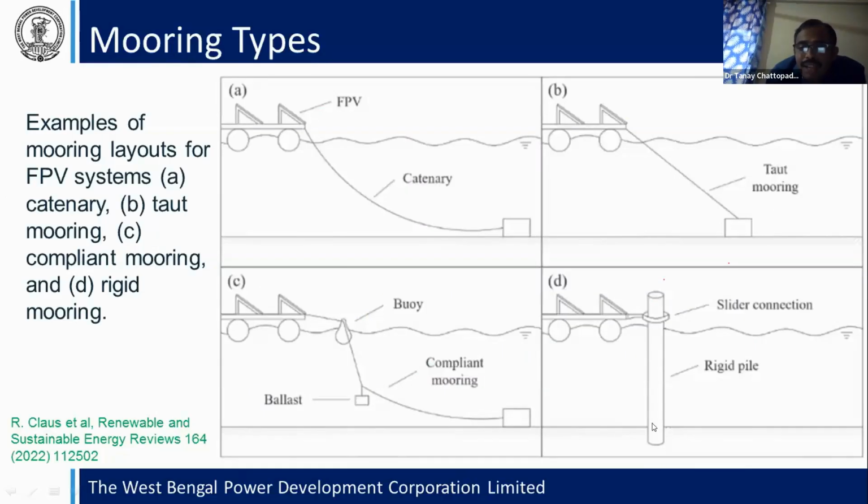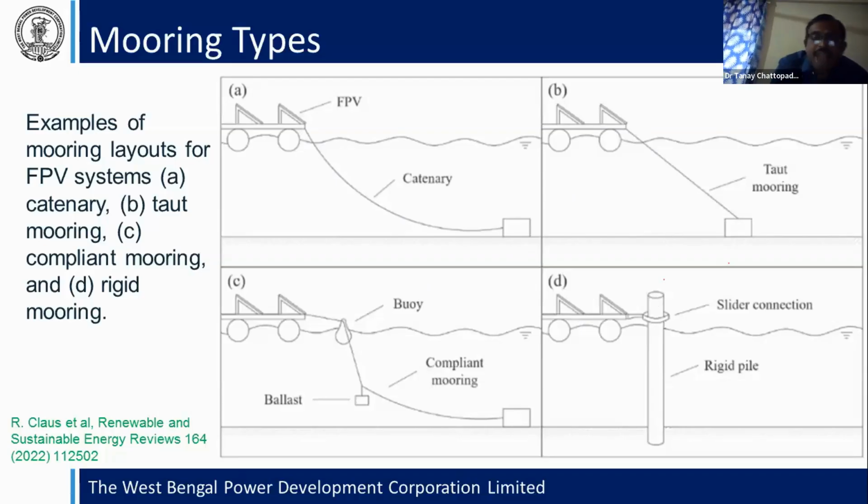Among these, we use the catenary mooring system in our design. The taut mooring system is very costly. Various designs can be done for mooring technology, and it depends on the project site also.